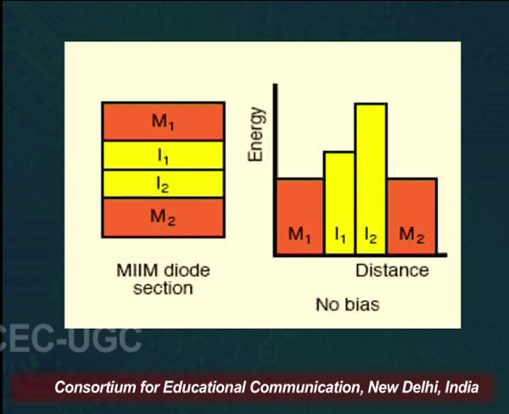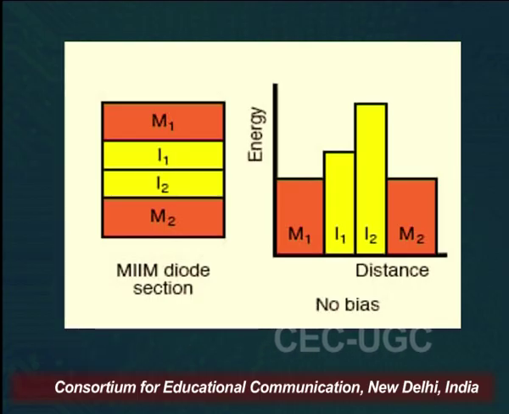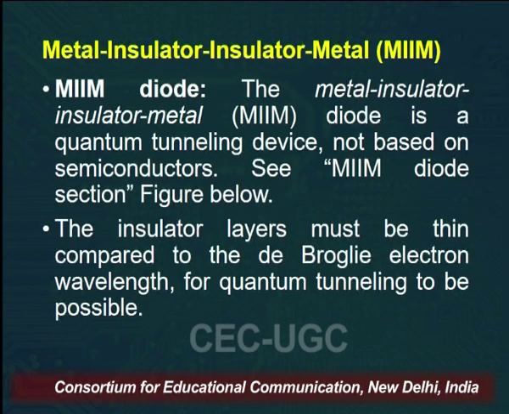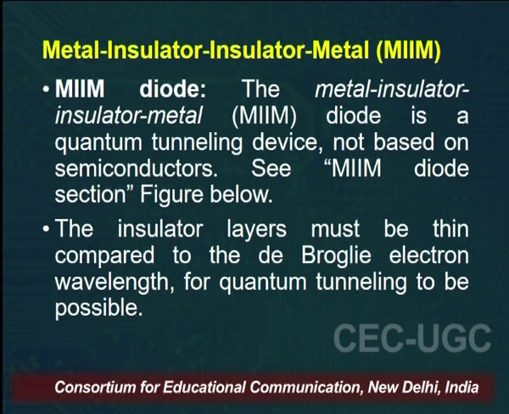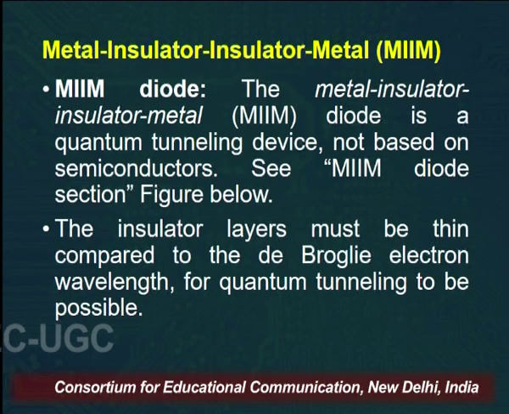This is the metal, you can see the MIM diode on the left-hand side. Now, again we discuss when it is biased, when it is less biased and when we have more bias. The insulator layers must be thin compared to the de Broglie electron wavelength for quantum tunneling to be possible.